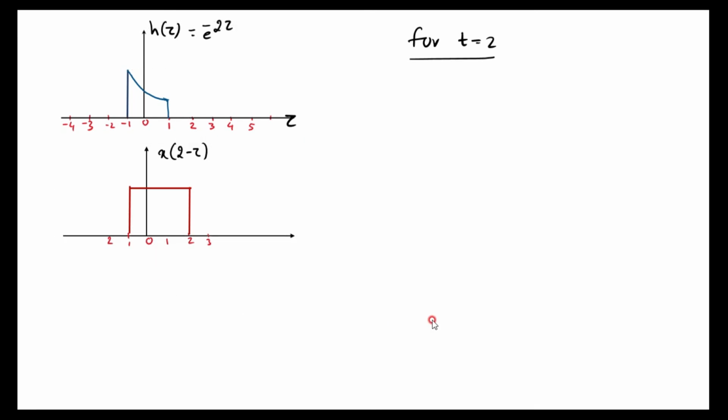Here we can observe that this is the x of 2 minus tau signal. Now compare the h of tau signal with the x of 2 minus tau signal.